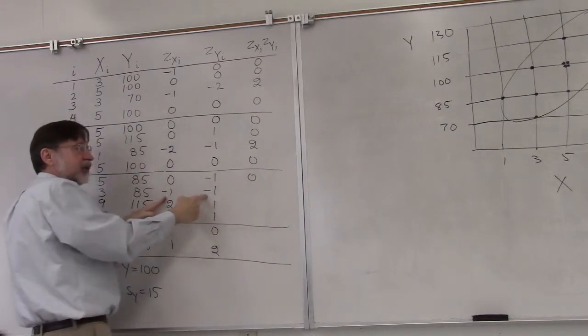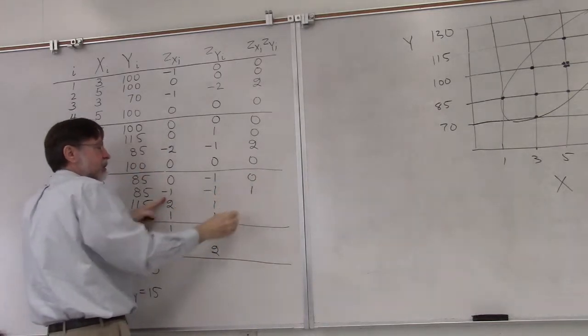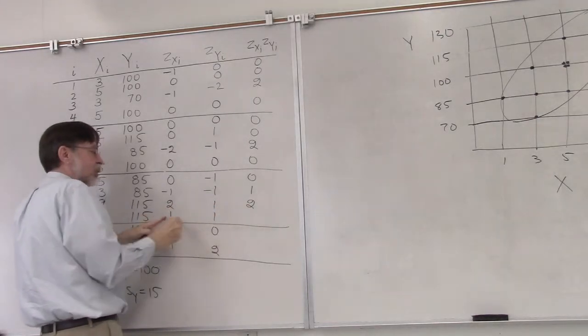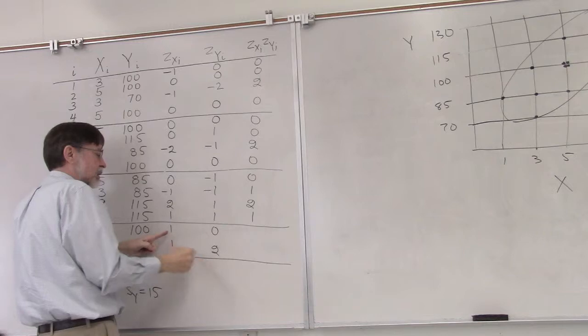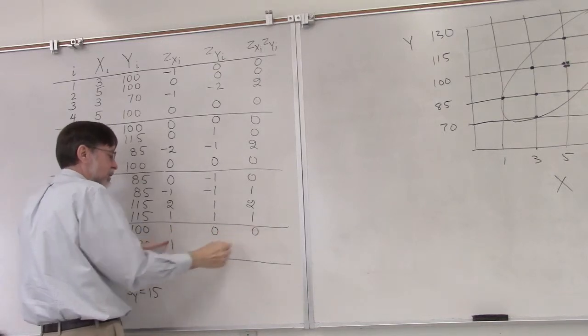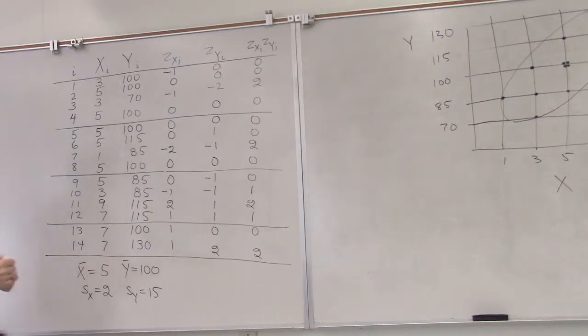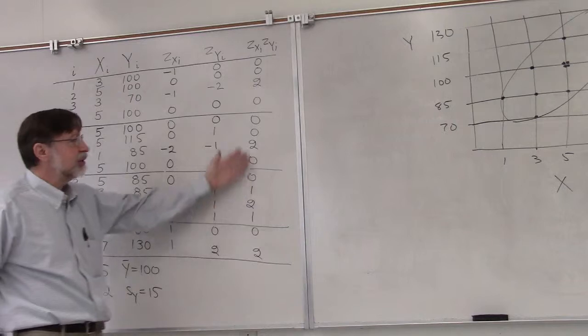Negative 1 times negative 1, positive 1. 2 times 1 is 2. 1 times 1 is 1. 1 times 0 is 0. 1 times 2 is 2. Any questions about that?